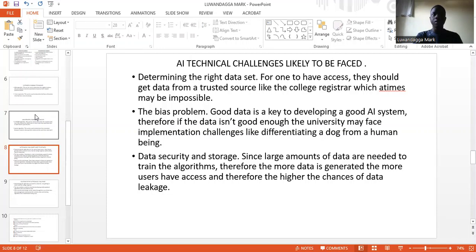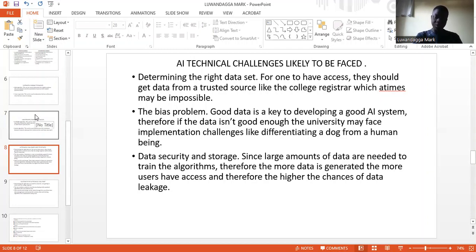If you don't have good data, like your data is almost similar, or there is no unique feature about it, it will be very difficult to implement, because if your face recognition cannot differentiate, maybe a white person and a brown person, you're going to get a problem determining the right student.